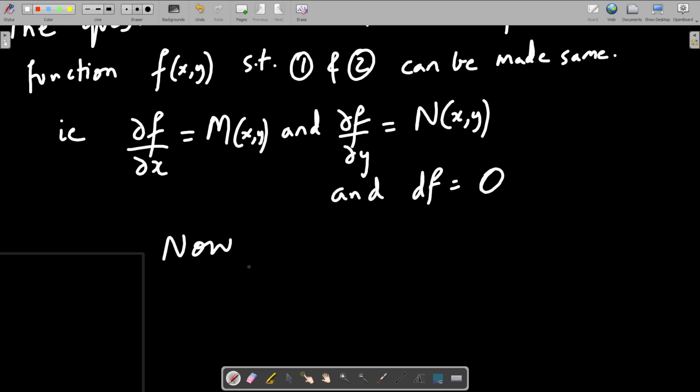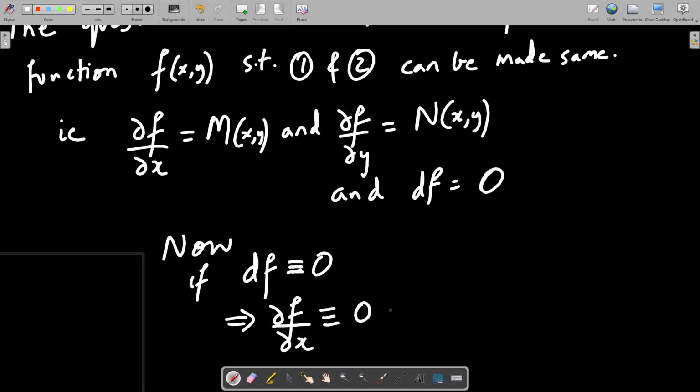Now if your total derivative is equal to 0, this means that the function is defined to be 0, always 0 kind of. If this is equal to 0, this implies that the total derivative is 0, so dou f by dou x has to be 0, and dou f by dou y has to be equal to 0.